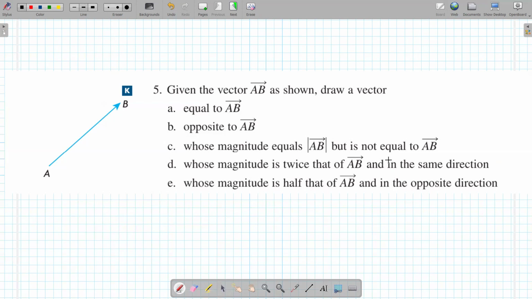Exactly. There's an infinite number of answers. So I'm just going to draw the same thing, except it's going up. And that's it. Side lengths are the same. Part D, whose magnitude is twice that of AB and in the same direction. Again, very simple. You just extend this twice as long.